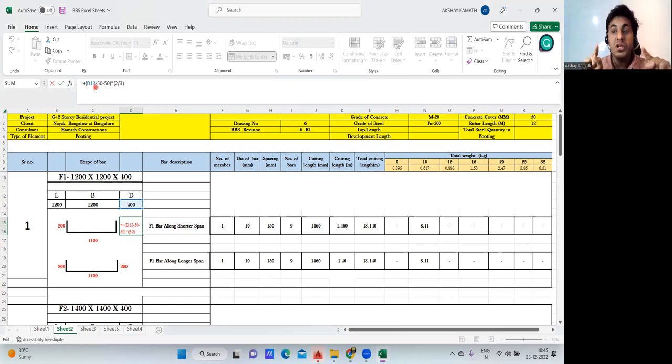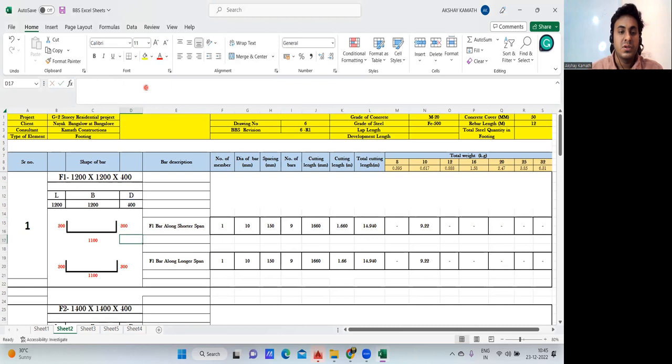Now if your company says you don't have to take it like that, you take the complete height minus the top cover minus the bottom cover, then you're supposed to follow that. In that case, you just remove this 2/3 from there. Finish. Automatically your answer will be 300, 300, and you see this also has changed.